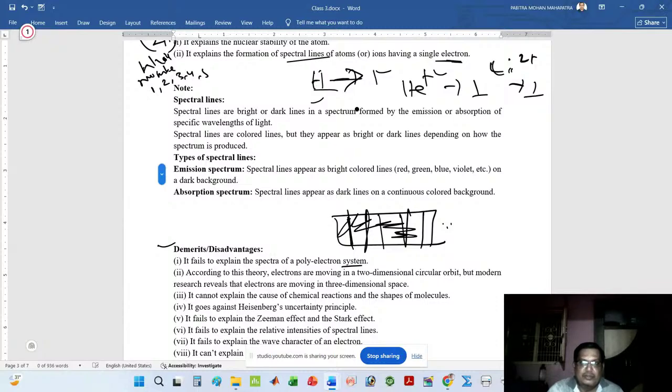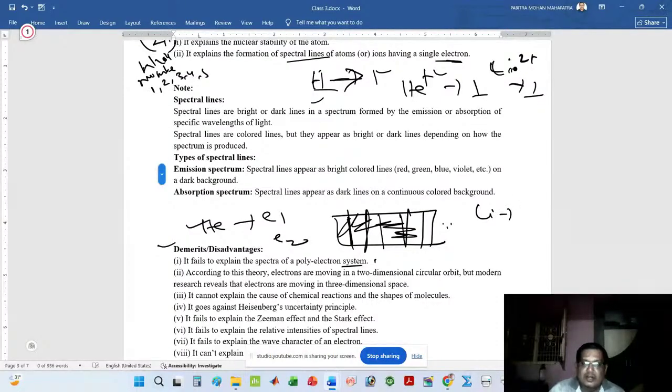But if you think about multi-electron species, suppose helium, helium has two electrons, electron 1, electron 2. For such species, Niels Bohr cannot explain. So here we can say that it fails to explain the spectra of polyelectron systems. Lithium has 3 electrons.